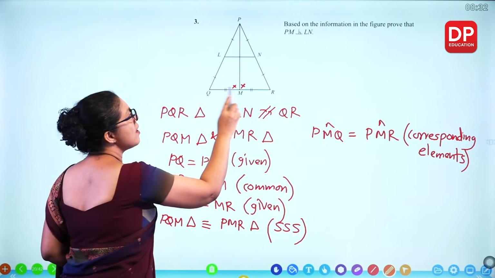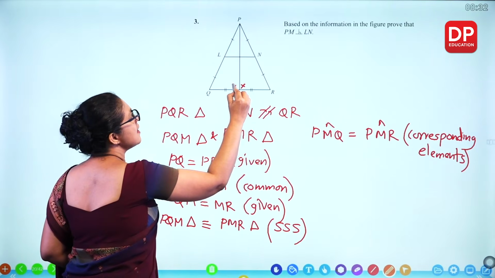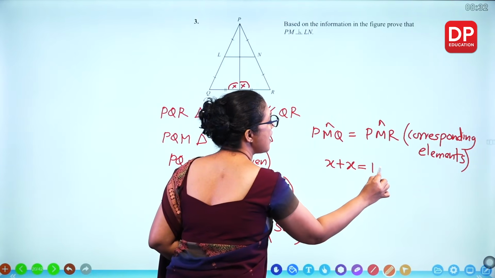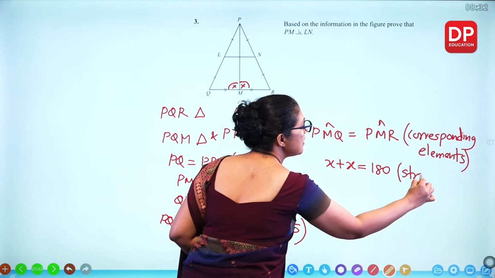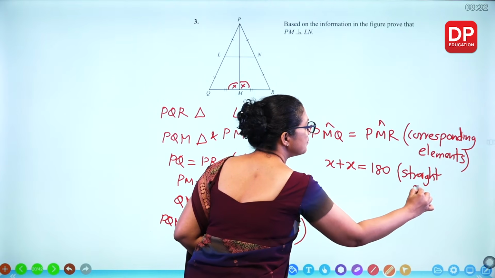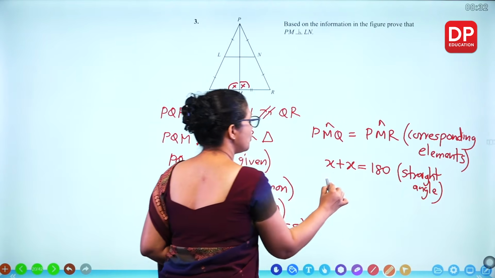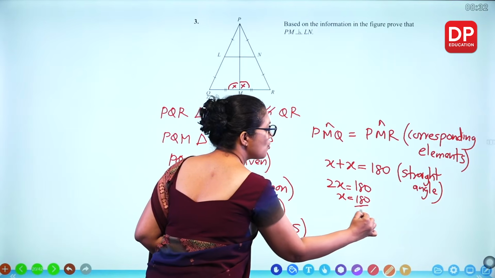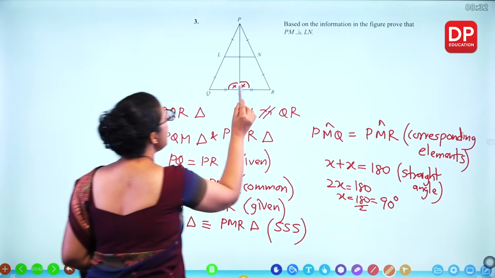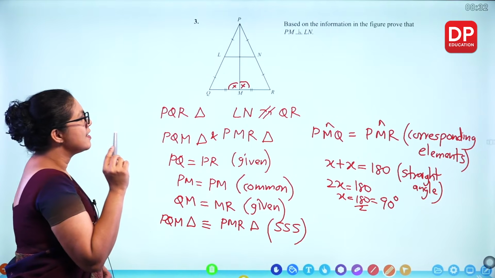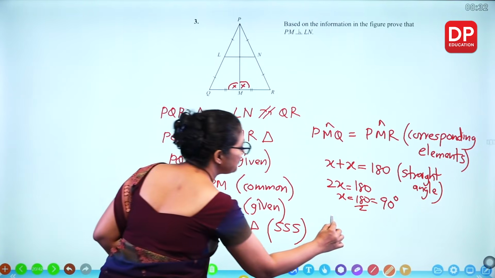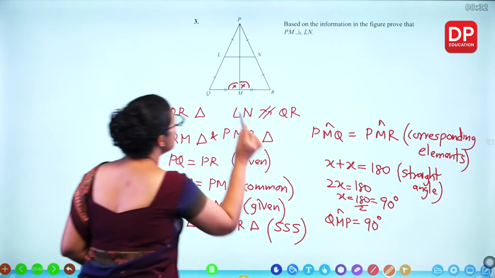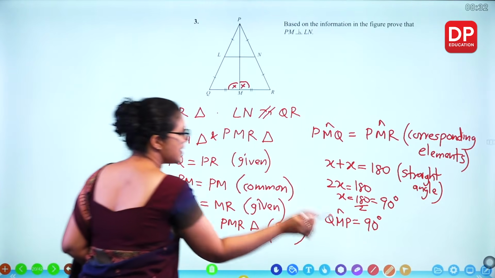If this is x and this is x, we can write x plus x is 180. That's a straight angle. So 2x equals 180, x equals 180 divided by 2, that's 90 degrees. So one angle is 90 degrees. So QMP angle is 90 degrees. So we found out this is 90 degrees.